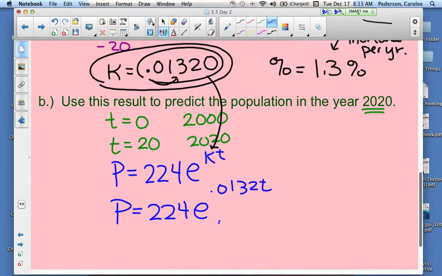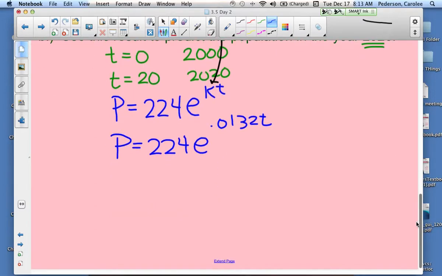We'll go to that many places, 4 decimal places is fine. And now we can go on and evaluate, predict any population after 2000 or even before 2000. So now we'll plug in 20 for t.